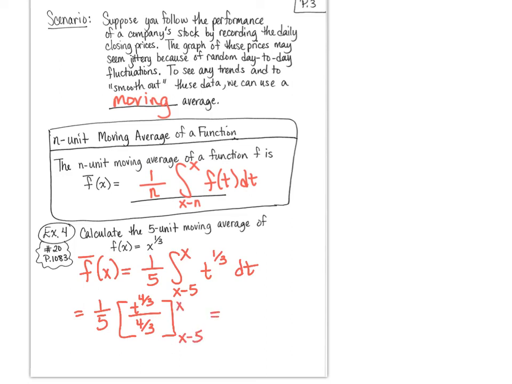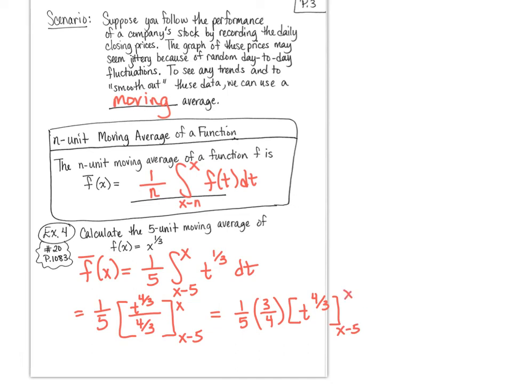So that's equal to 1/5. Dividing by 4/3 is the same thing as multiplying by 3/4. And then we evaluate t to the 4/3 from x minus 5 to x.